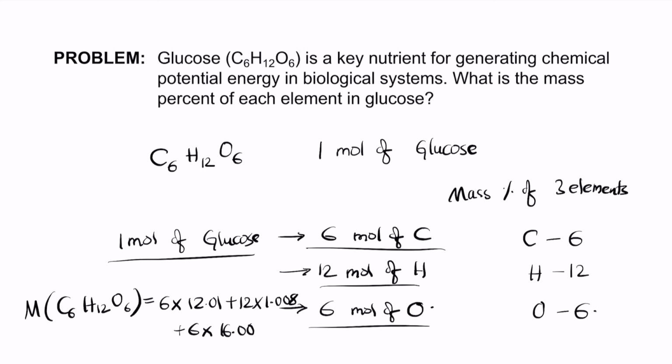So 6 times 12.01 gives you 72.06, plus 12 times 1.008 gives you 12.096, plus 6 times 16, which is 96.00.